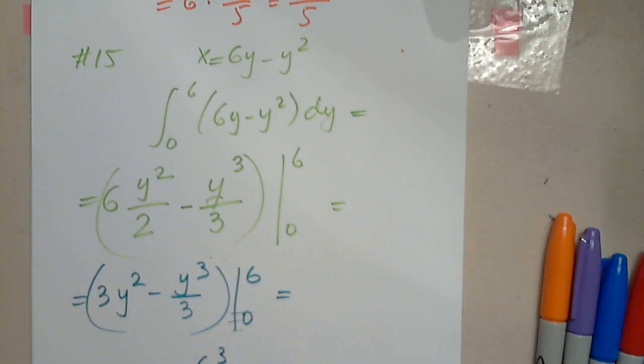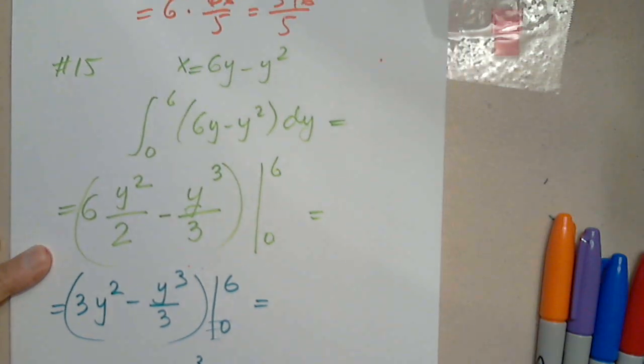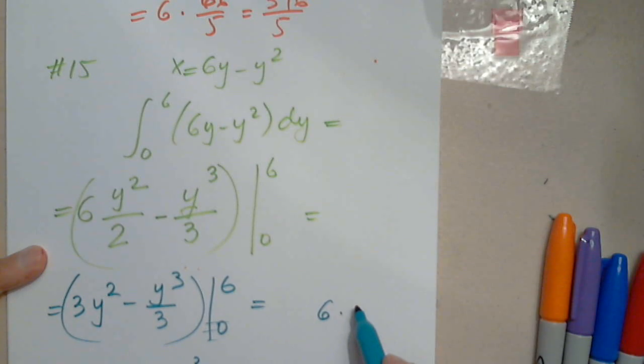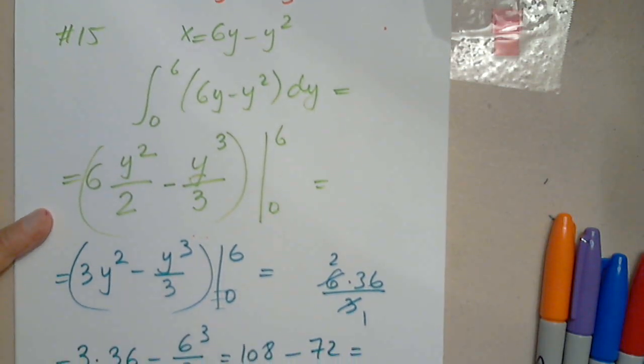And minus when I plug in 0, but that's 0. So it's 108 minus, and I'll try to simplify, I don't want to multiply. So 6 times 36 actually divided by 3. So that's 72. So I get 36 as the final answer.